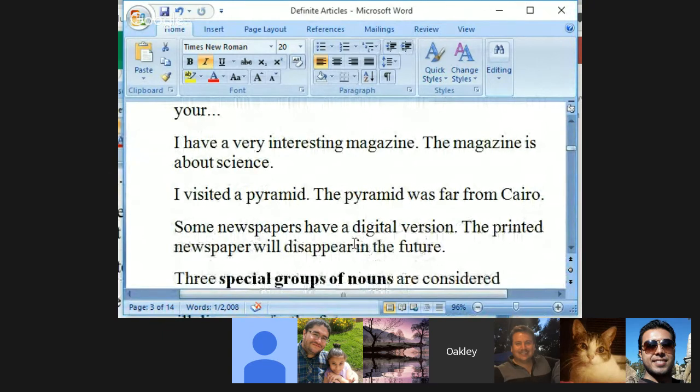Will disappear in the future. Carlos, why did you use "the" with future? It's the first time you mentioned it. I don't know. I always, or also I think we have to use article before a time. The future, the past. Really? Okay, in general, yes, you are absolutely correct. Why? Because there's only one future, and there's only one past.